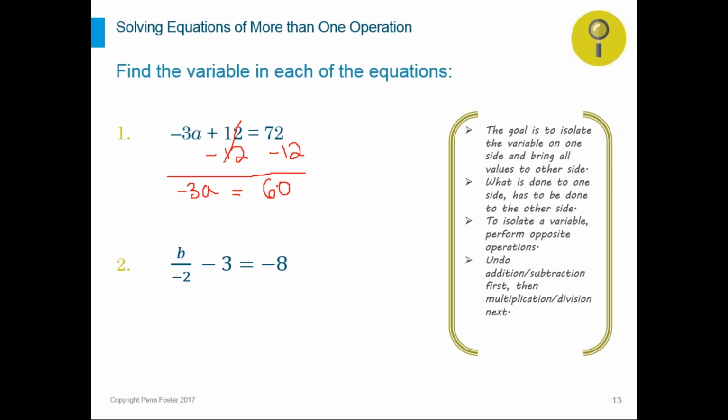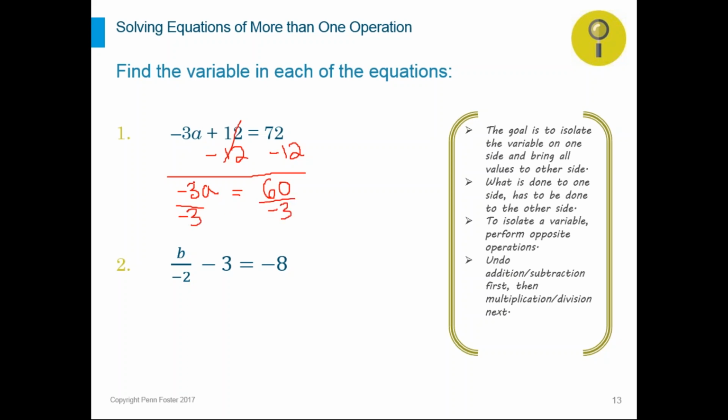I'm not done yet because I have my variable still multiplied to a number. My goal, remember, from the beginning of the easiest kinds of equations, is to isolate the variable by itself on the left-hand side, and everything else should go to the right-hand side. So I'm not done yet. I have negative 3 times a, then divide over negative 3 and divide over negative 3.